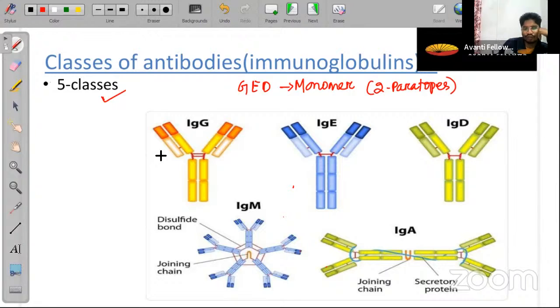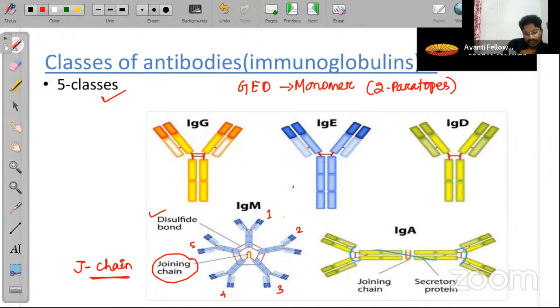ठीक है. If you are talking about IgM, that will be your pentameric structure. You can see this is 1, this is 2, this is 3, this is 4, this is 5, and all the 5 monomers are connected with one another by the help of disulfide bond and a joining chain that is called your J chain. ये क्वेश्चन पूछा गया है, पहले भी बहुत बार पूछा गया है. Remember the name J chain.